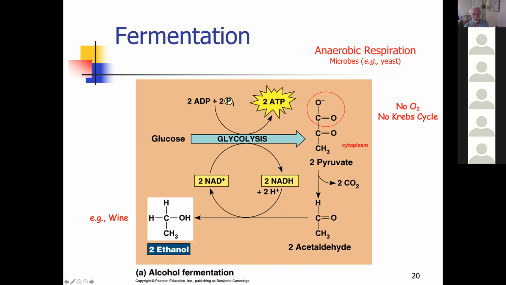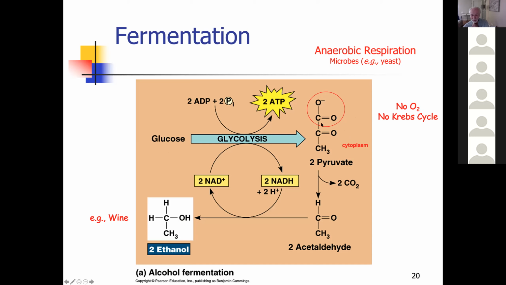So from one 6-carbon molecule to 2 3-carbon molecules. And 2 ATP are produced. Remember now, there's no oxygen, so there's no Krebs cycle. And so this is occurring in the cytoplasm. Fermentation occurs in the cytoplasm.